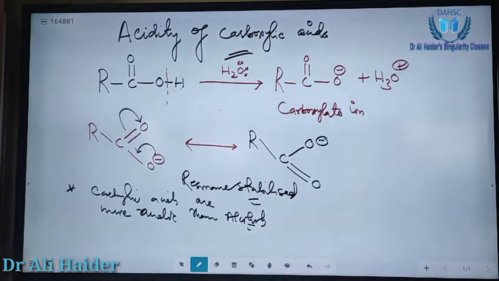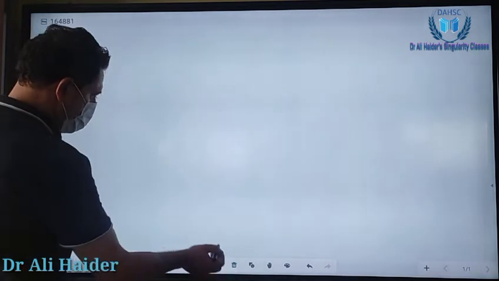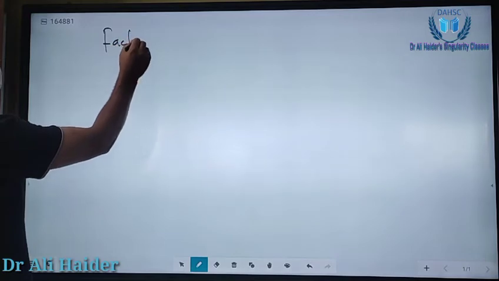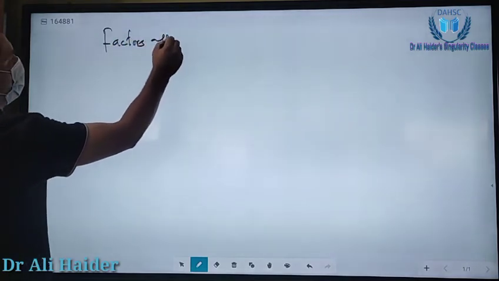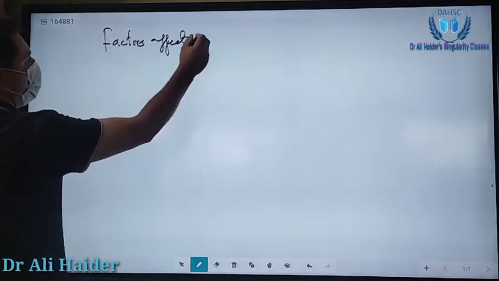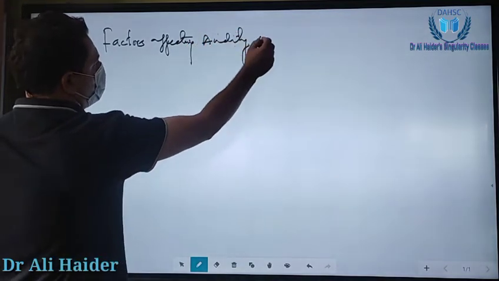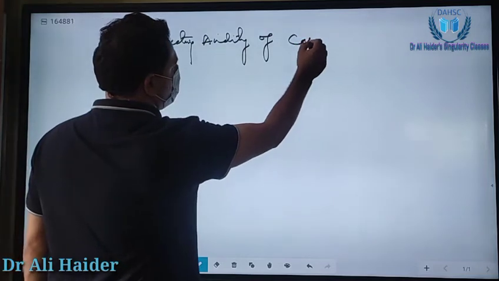Okay? Now we have to find out what are the factors which affect the acidity of carboxylic acid. Which are the factors on which the acidity of carboxylic acids depends, right? There are generally two factors. Factors affecting acidity of carboxylic acids.